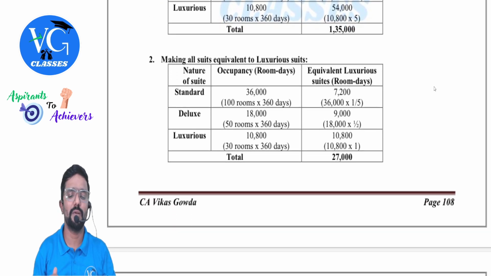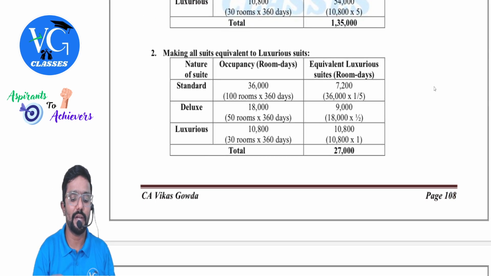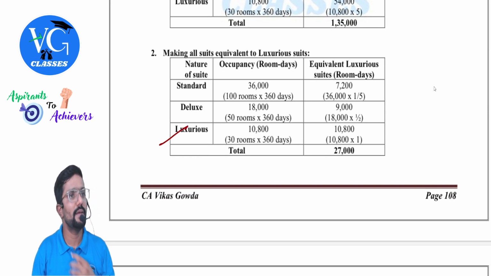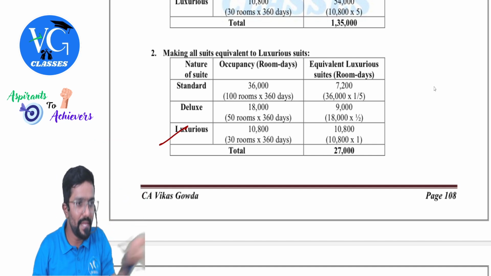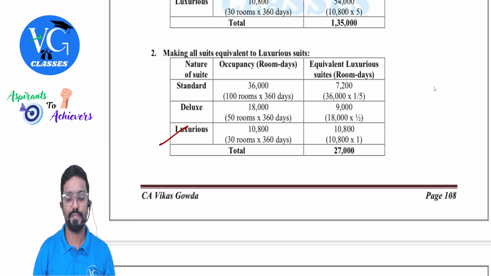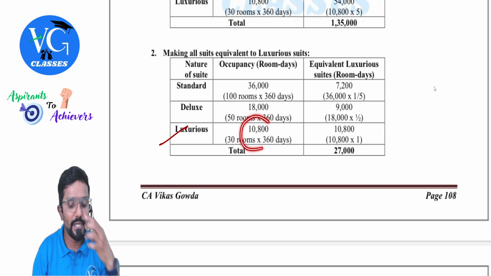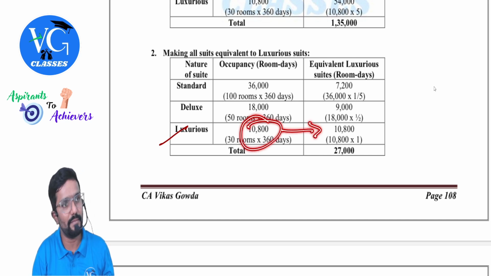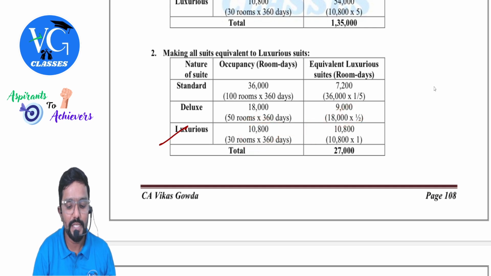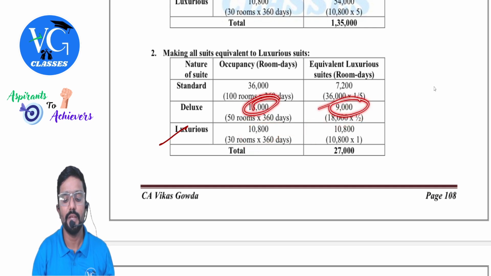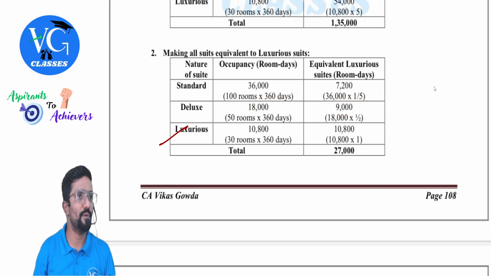Now coming to why you took standard and not luxurious. Now we are taking luxurious as a base and converting standard and deluxe to equivalent luxurious. This will anyway remain the same: luxurious 10,800 remains 10,800. Deluxe divided by 2 will be the equivalent luxurious room rate.